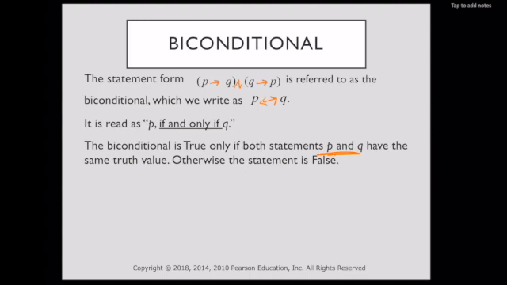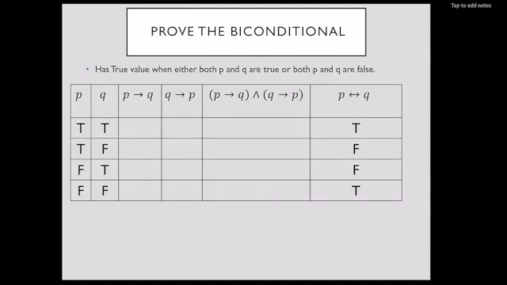So why don't we go ahead and prove the biconditional? Because that's one thing that's really great about logic: we can make truth tables and prove things. So P implies Q: true implies true, which is true. True implies false, which is false. False implies true, which is true, and false implies false, which is true. Q implies P, now we're going the other way.